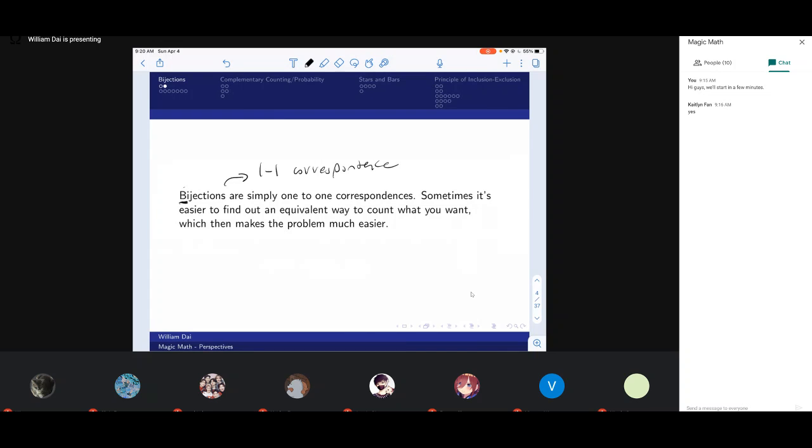Bi means two, so it's going to be a two-way correspondence between one thing and another thing. So if we have a one-to-one correspondence between counting A and counting B, then the number of A is equal to the number of B.